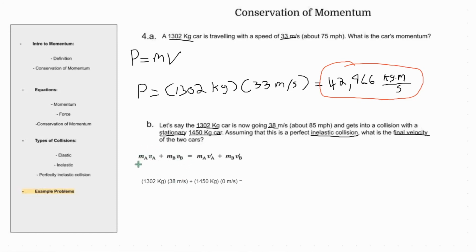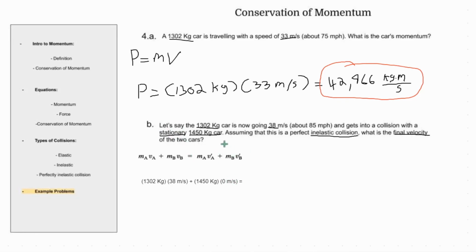They've already given us everything we need for the left side of the equation. The mass of the first car, as we said, was 1,302 kilograms, and the initial velocity of the first car was 38 meters per second, plus the mass of the second car, which was 1,450 kilograms, and the initial velocity of the second car, which was 0 meters per second.